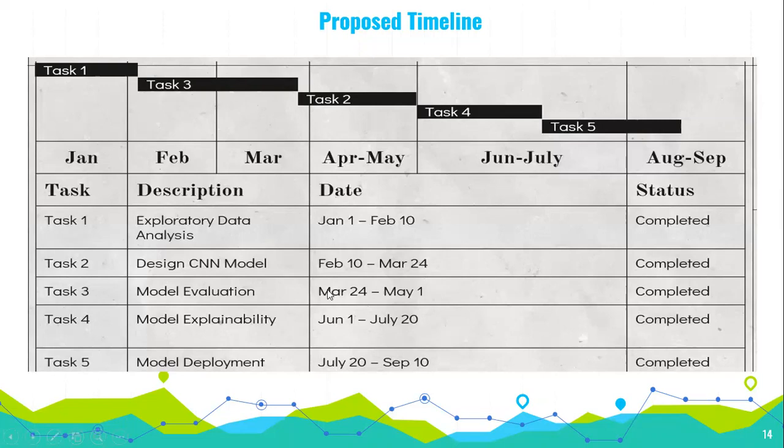Then around March 24 to May 1st, we shall do the model evaluation, where we shall evaluate the performance of our model against that of the pre-trained models. And also from Jan 1st to July 20th, we shall be carrying out the model explainability. Then from July 20th to September 10, we shall be deploying our model to a mobile application and a web application. And during this period, that's where we shall design the mobile and the web application.